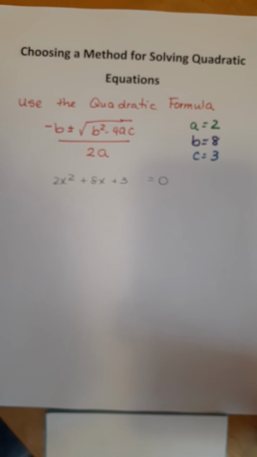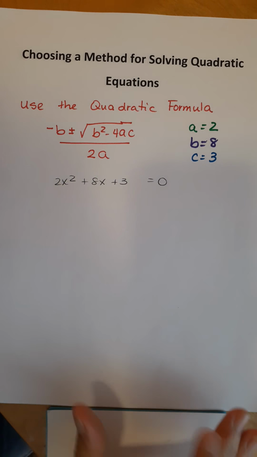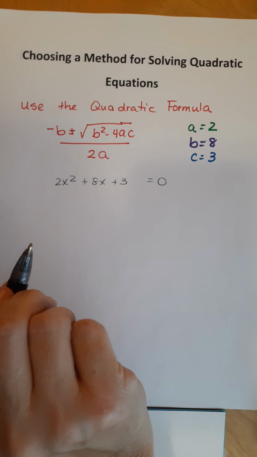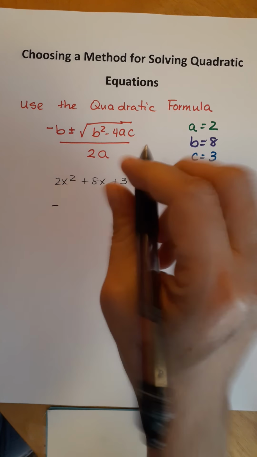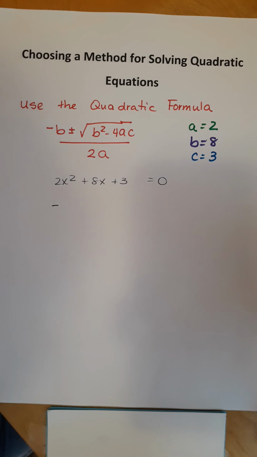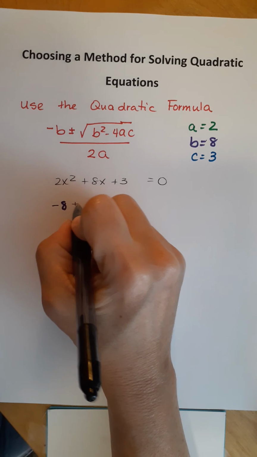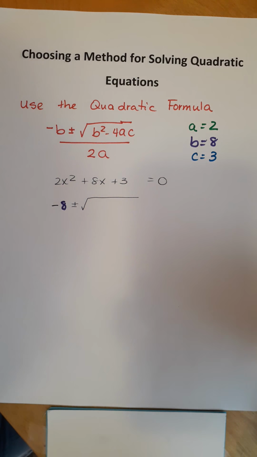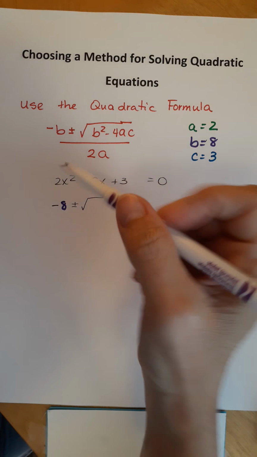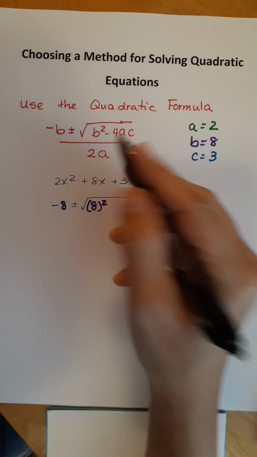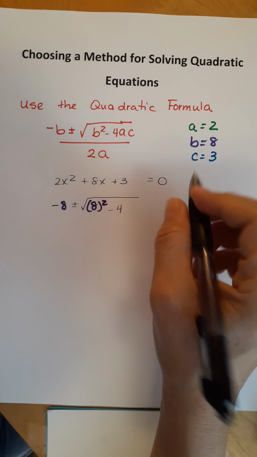Now I'm going to use all of these. The black will be what doesn't change. And these I'm going to put in the number so you can see exactly where it's coming from. So negative, what's my b? Negative 8, plus or minus the square root of, my b is also 8, squared, minus 4.